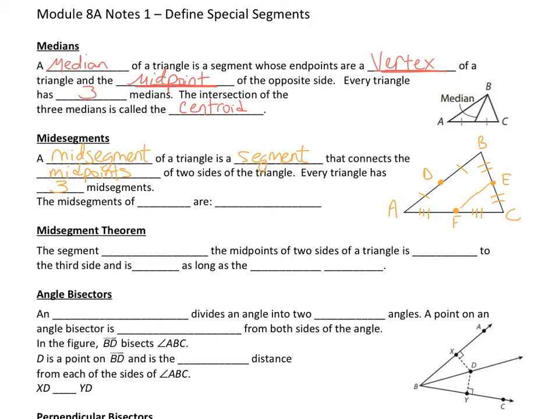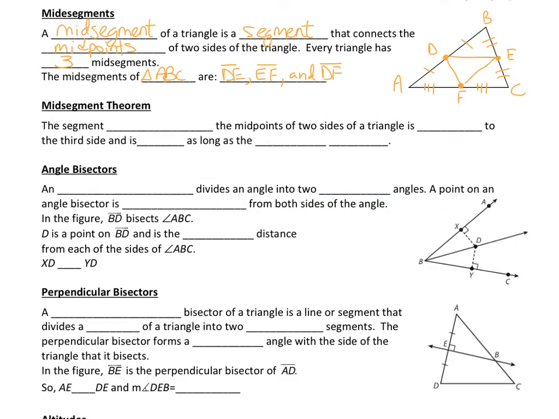So if we connect those together, the midsegments of this triangle are going to be DE, EF, and DF. To go along with that, we have a midsegment theorem, and that means that the segment connecting the midpoints of two sides of a triangle is parallel to the third side.